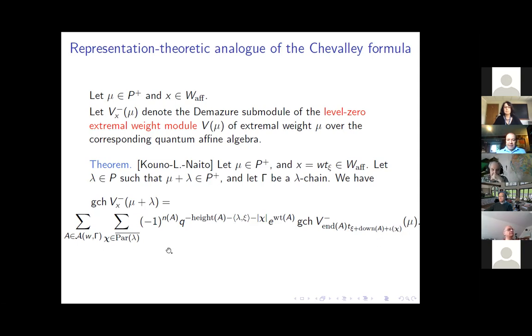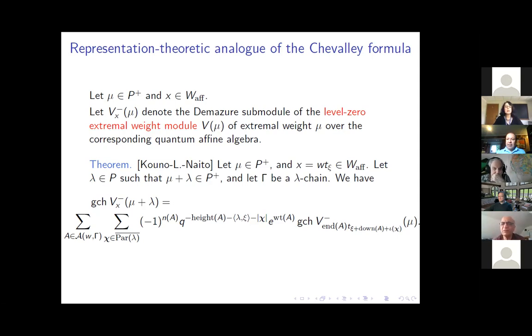And the sum here, the double sum here, is exactly the one from the Chevalley formula, a sum over the objects of the quantum Markov model, those tuples of partitions, and you see again all these statistics: height, weight, down, and end. So you see all these statistics.